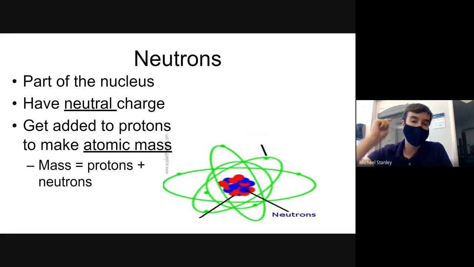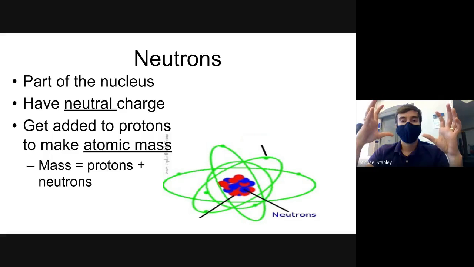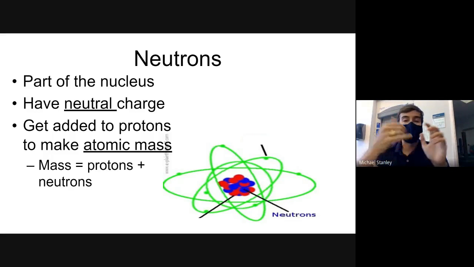So just store that in your memory banks right now. So in our nucleus, the middle area of our atom, we've got our positive protons, we've got our neutral neutrons, and when we put protons and neutrons together, we get the atomic mass, the overall total weight of the atom.